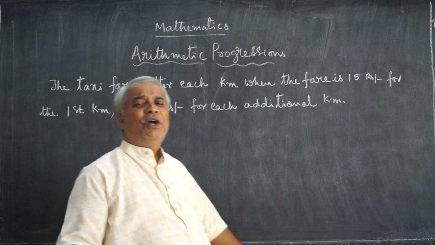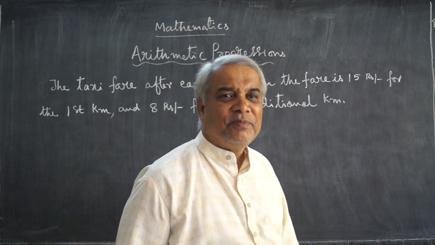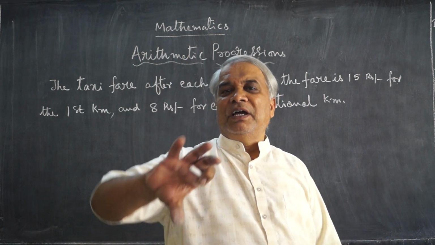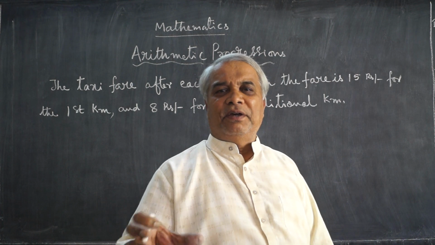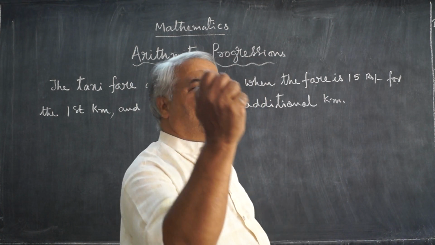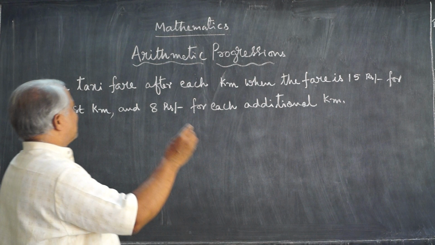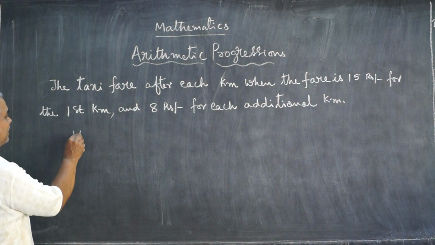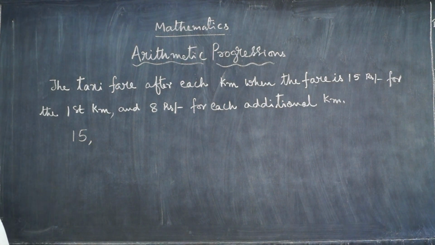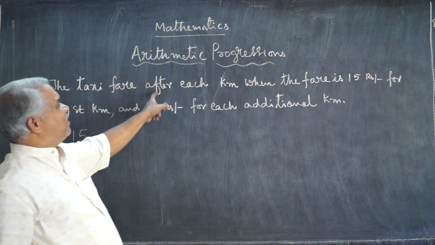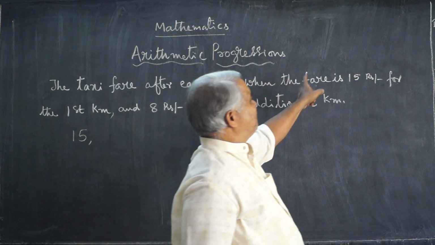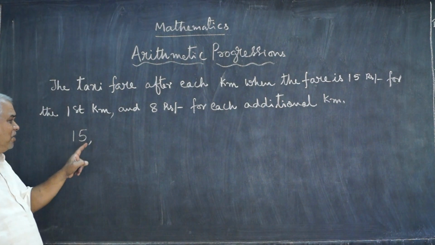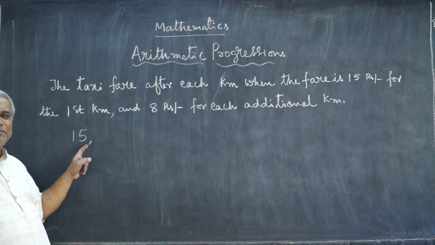Many times we travel in an auto or taxi, and the driver will turn on the meter. In the beginning, the taxi shows 15 rupees. So for the first kilometer you have to pay 15 rupees.